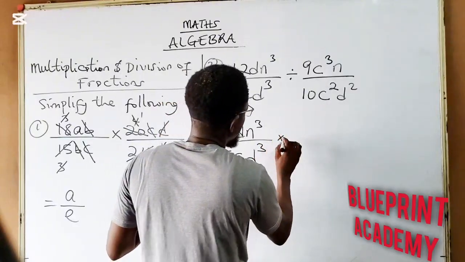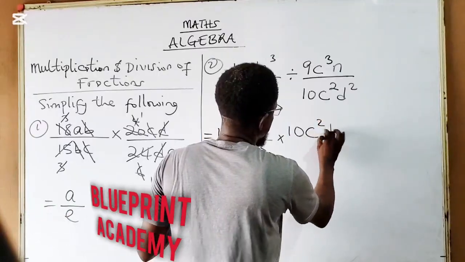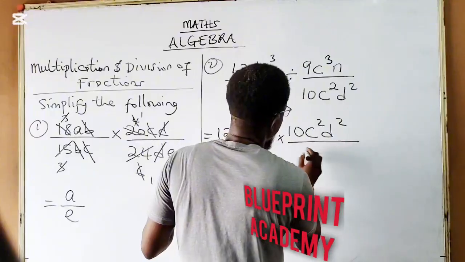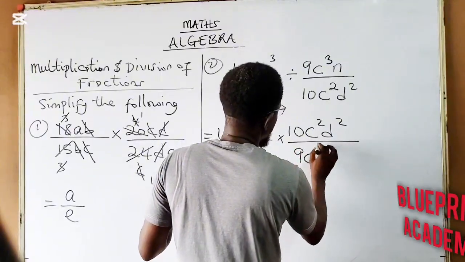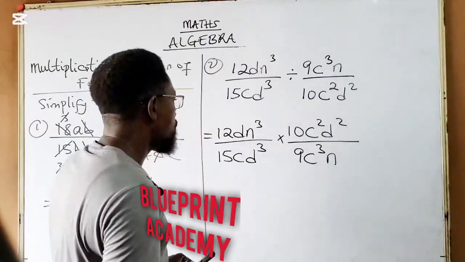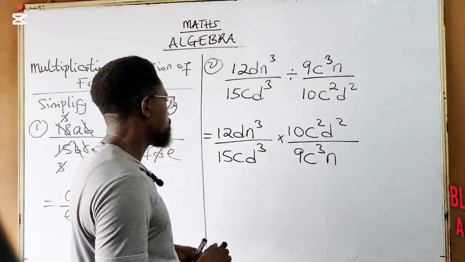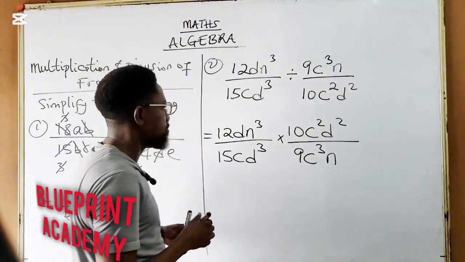So I change the division to multiplication, and when we invert, we have 10c squared d squared divided by 9c cubed n. The next thing is to look for what is common to the numerator and the denominator.